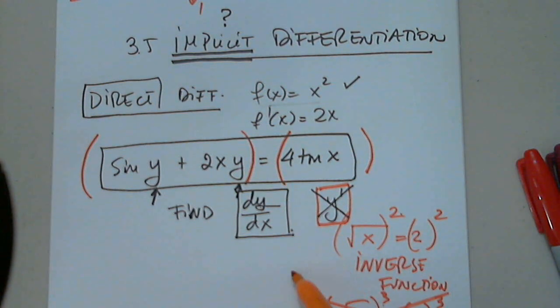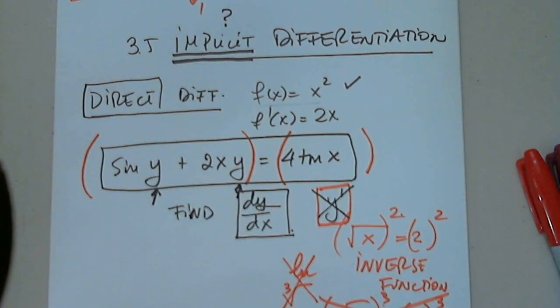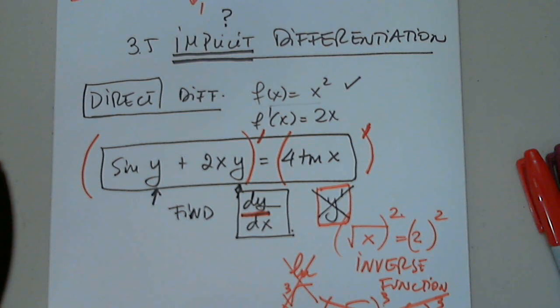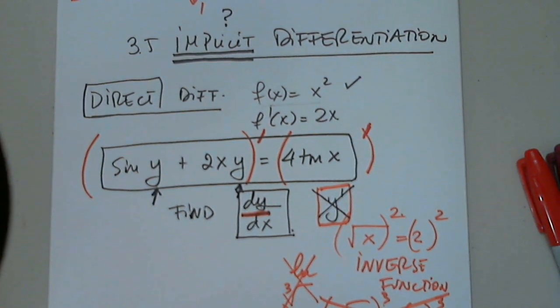Do I square? Do I apply natural log? Do I take the cube root? No. But which operator do I need in order to find dy over dx? Will I apply the limit? Derivative? Of course. Absolutely. We will differentiate both sides. That's what we need, because we are looking for the derivative. Awesome.